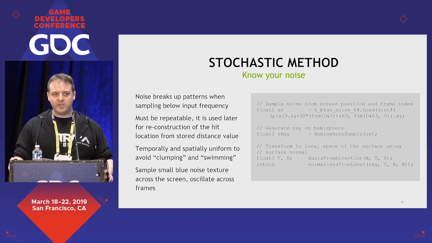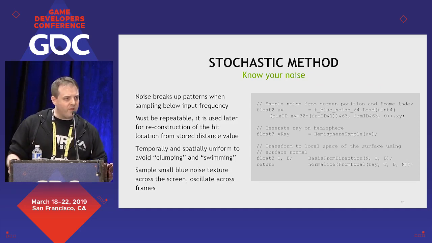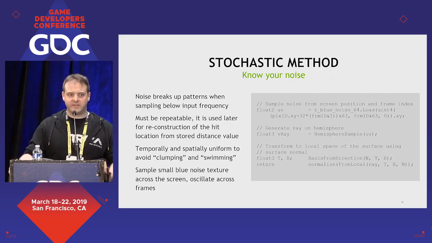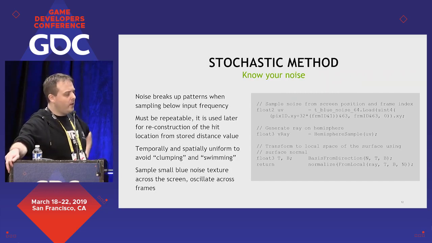We use blue noise because it tends towards the higher frequencies. It's a very good random distribution. We sample a noise map, and we use that noise map to produce coordinates on a hemisphere. We align that hemisphere to the normal in the G buffer, and we use that to generate a random direction into the scene.